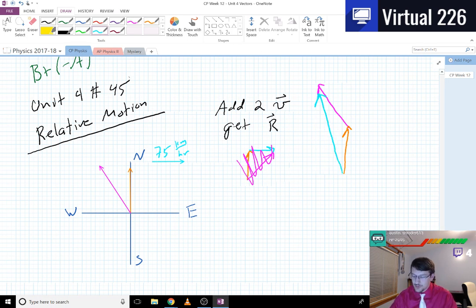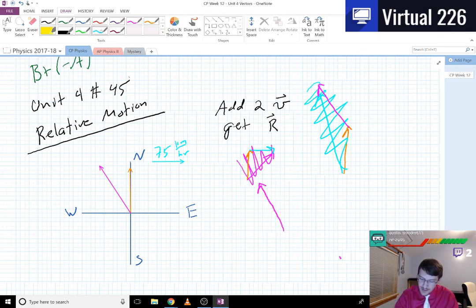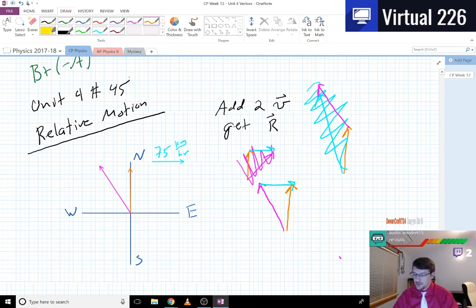And then we ask ourselves, is this blue wind the same as the blue wind going horizontally? No, that's garbage too. The only way that actually makes sense is if we take the magenta direction and then add to that the wind. Start to finish, we get our triangle.